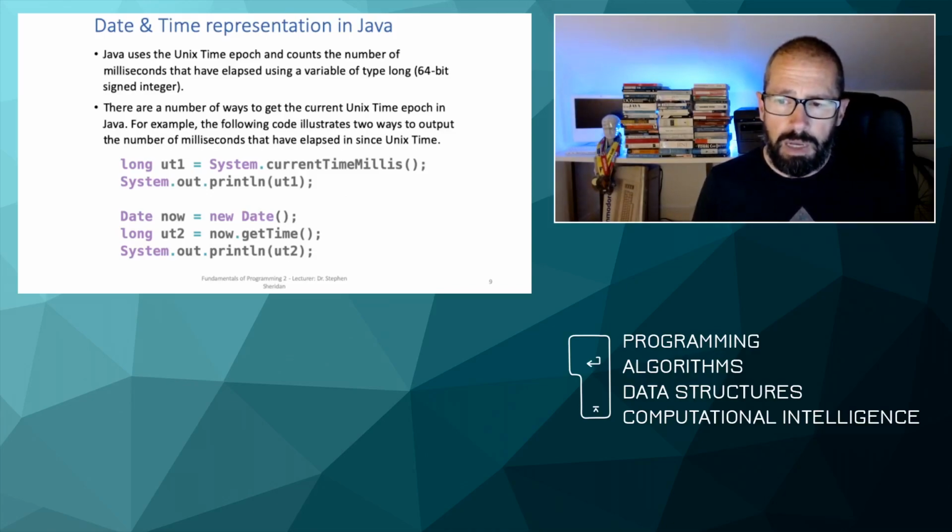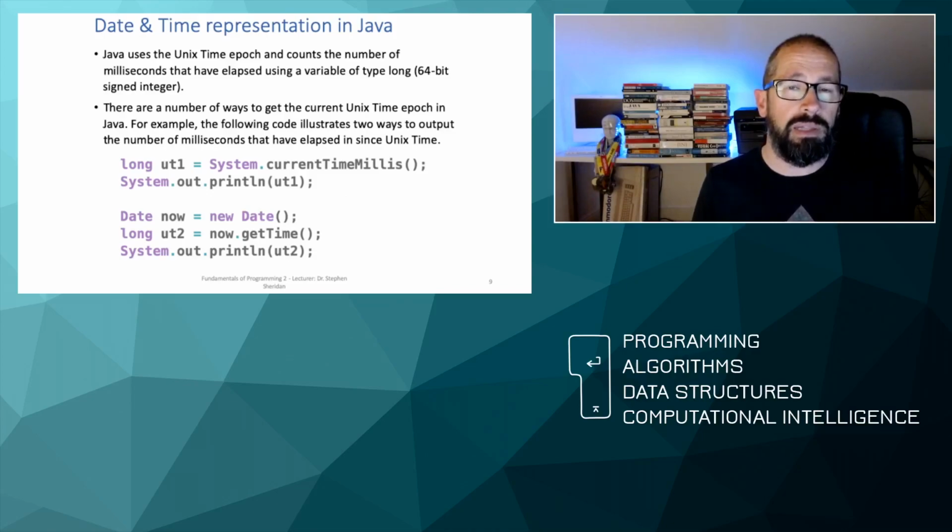On the slide, I've got two examples of how we can grab the current system time. One way is to use System.currentTimeMillis, and this will grab the current time and give it back to us as a long, the amount of milliseconds that have elapsed since January 1st, 1970 at 0000 hours to be more precise. The other way is to create a date object.